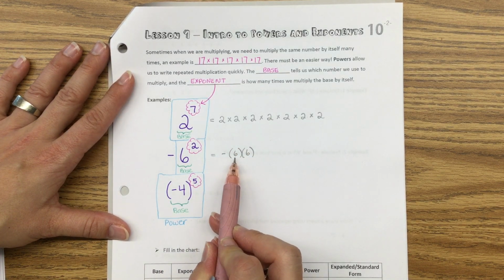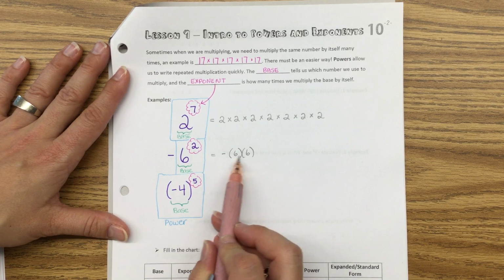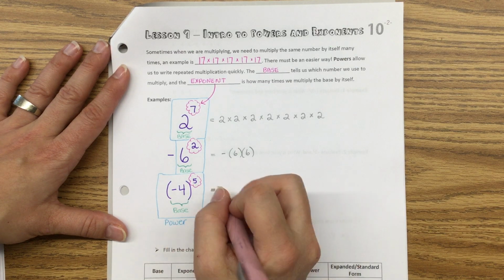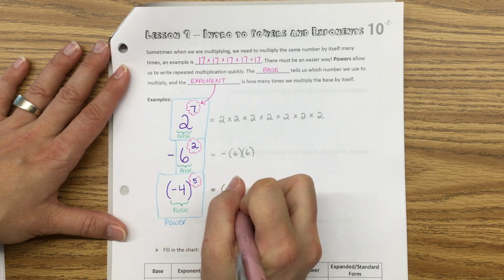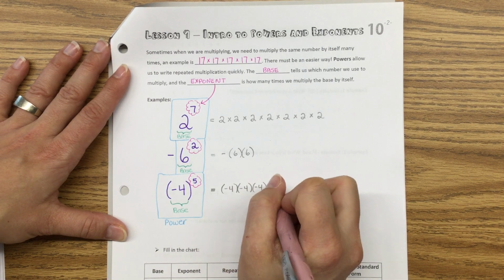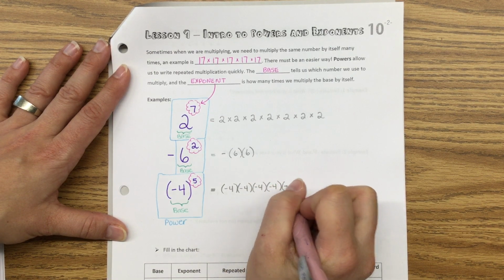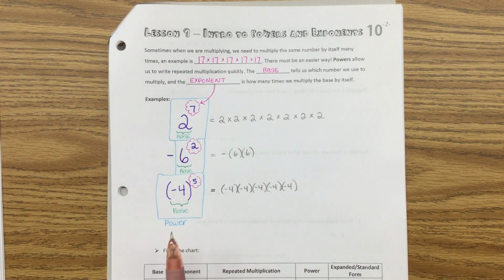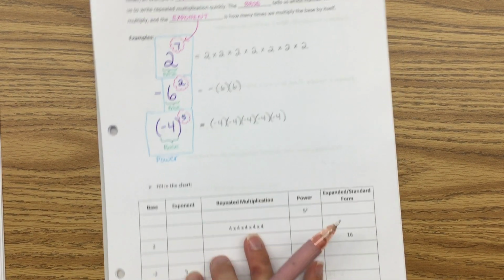The negative is not inside brackets, so it's not a part of the squaring. And for the last one, we have negative 4 to the 5th. Well, that would be negative 4, negative 4, negative 4, 5 times, right?